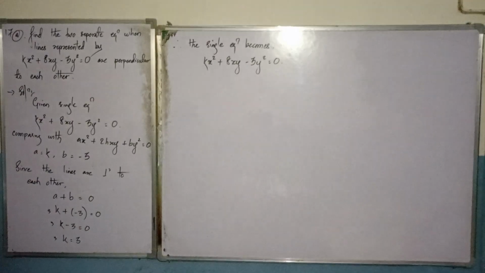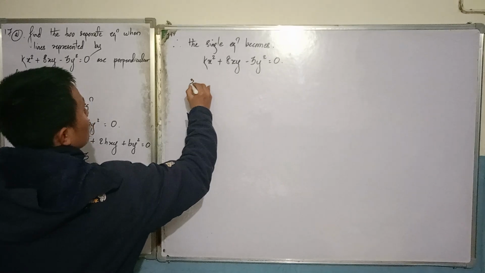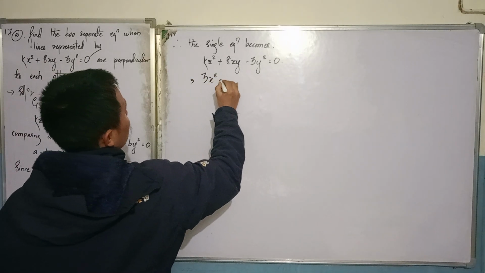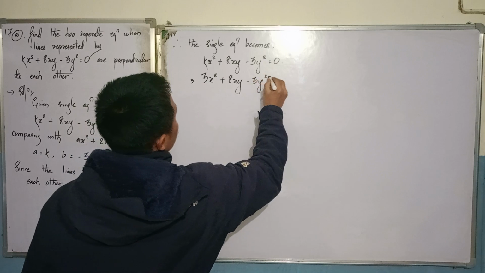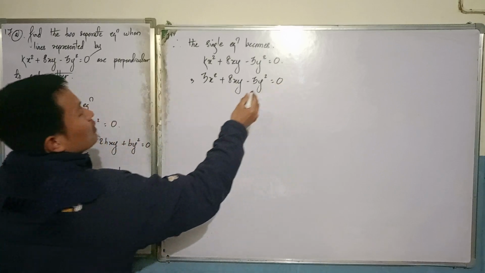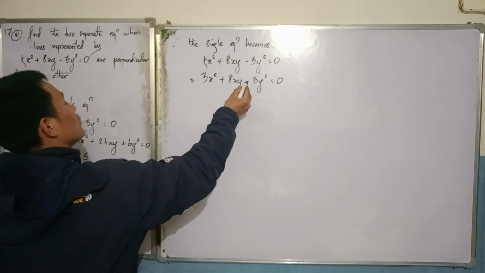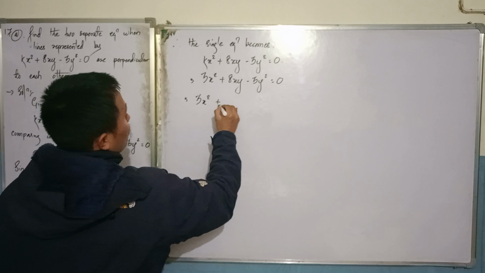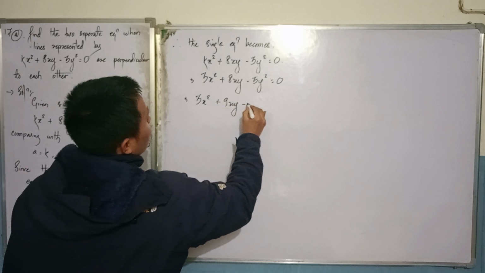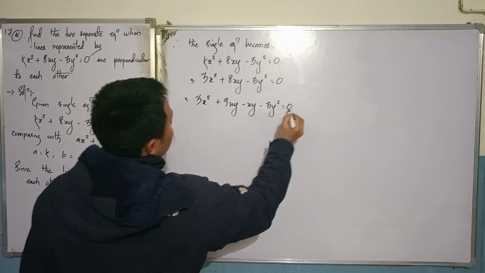Now replace k by 3. So 3x squared plus 8xy minus 3y squared equals 0. Now 3 threes are 9, 3 ones are 3, 9 minus 1, that will be 8. So 9xy minus xy minus 3y squared equals 0.